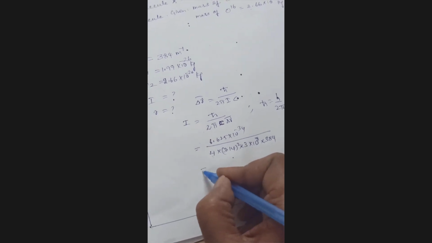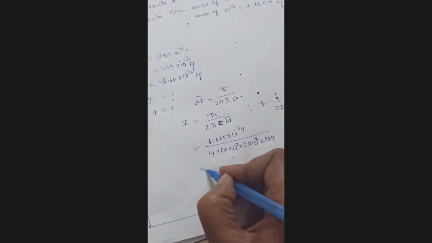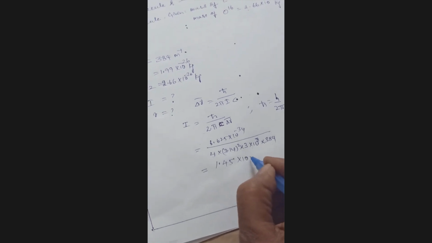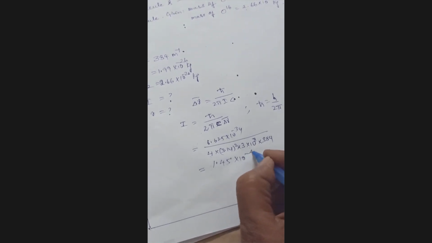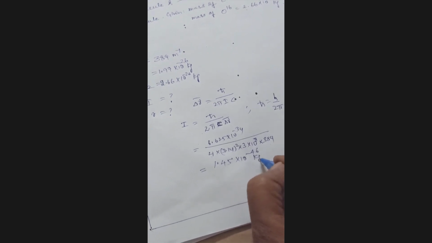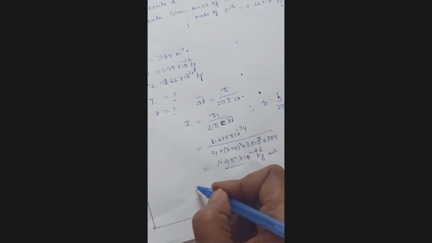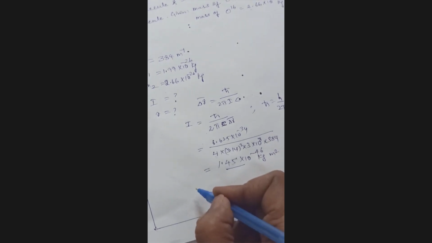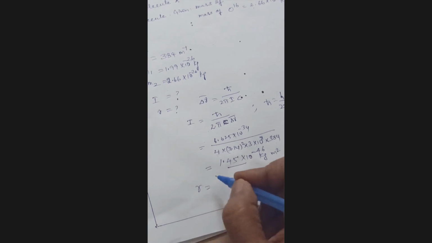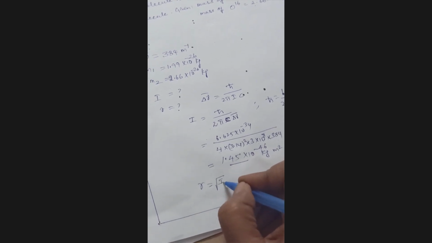Now simplification gives I to be equal to 1.45 into 10 raised to the power minus 46 kg meter square. The next thing to be calculated is equilibrium bond length R. So R will be equal to square root of I by mu.